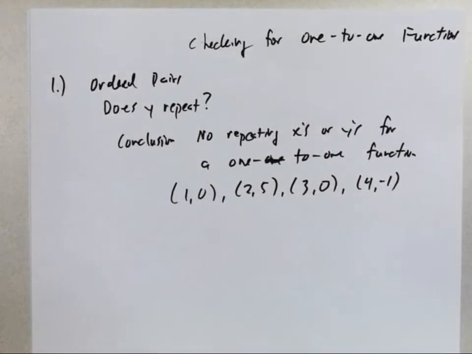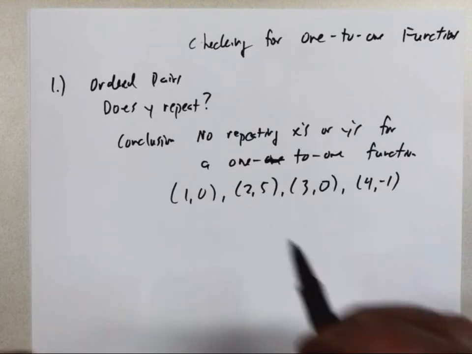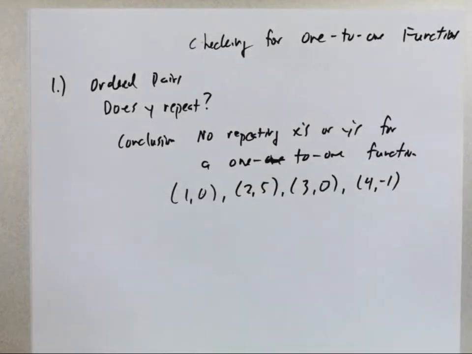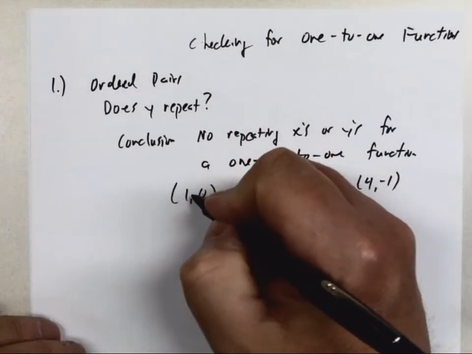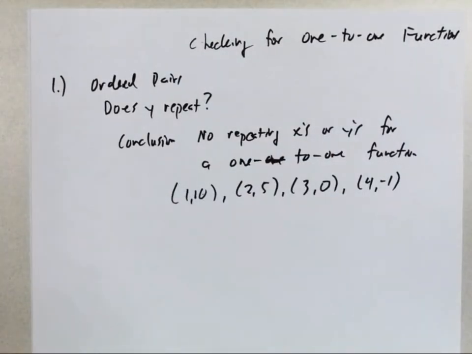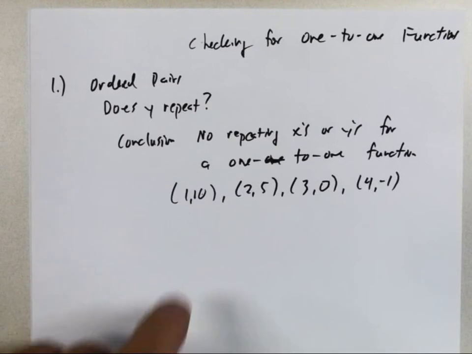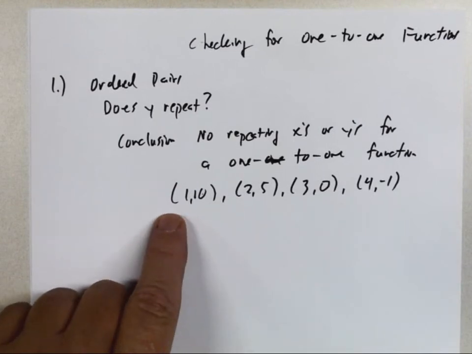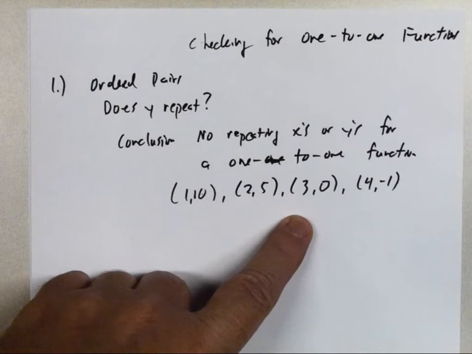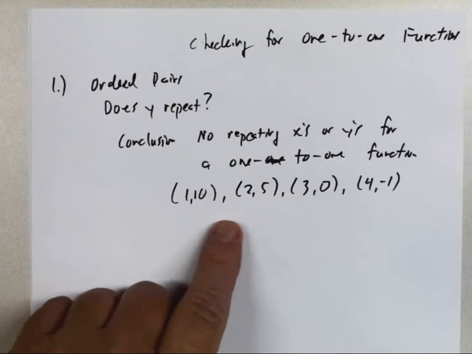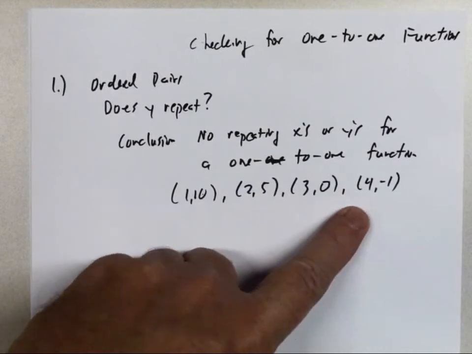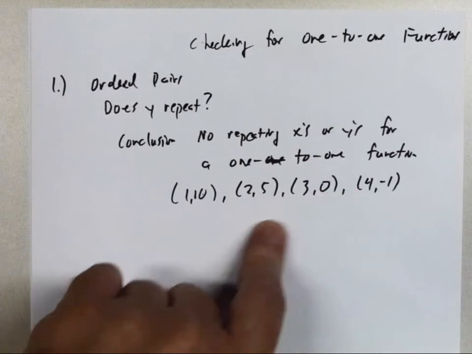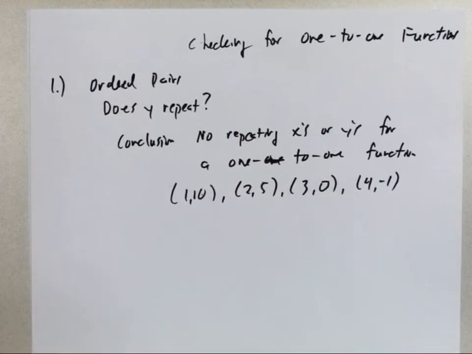As it stands right now, this is a function, but not a one-to-one function, because I got a 0 here and a 0 here for y. However, what if I make it like this? Is it a function? 1, 2, 3, 4. Yes, it's a function. Is it a one-to-one function? 10, 5, 0, negative 1. At this point, we would say it is also a one-to-one function.